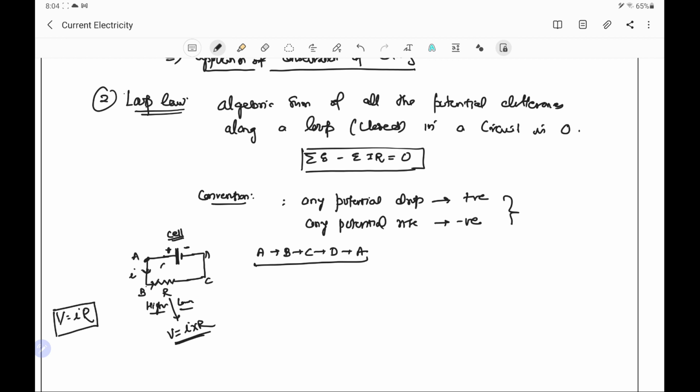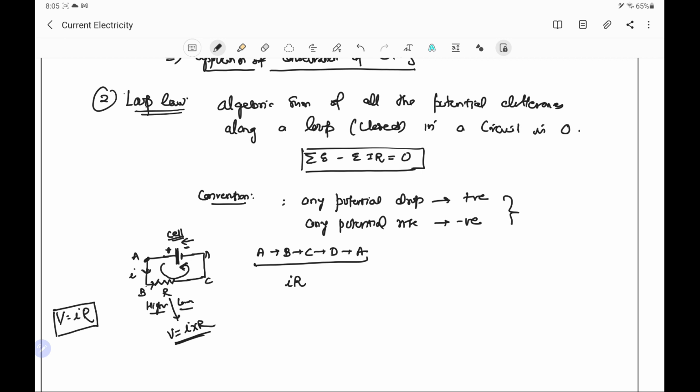We are moving in the circuit as per the direction shown by the arrow, A to B to C to D to A. Therefore, we will take this drop as positive because this is the potential drop from B to C. Therefore, I will take IR. Then from C to D, this is a simple wire, and from D to A, we are moving from the negative plate to the positive plate.